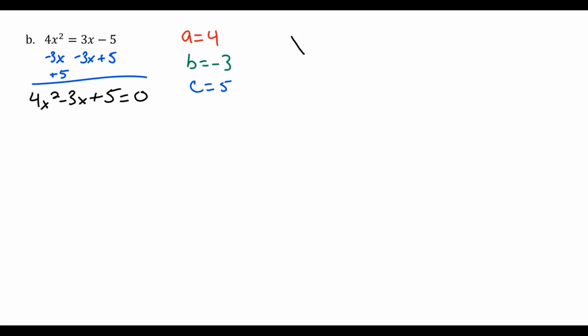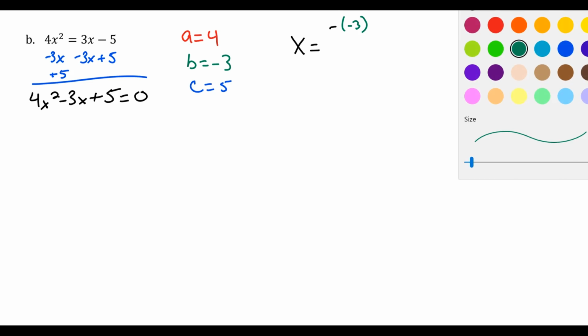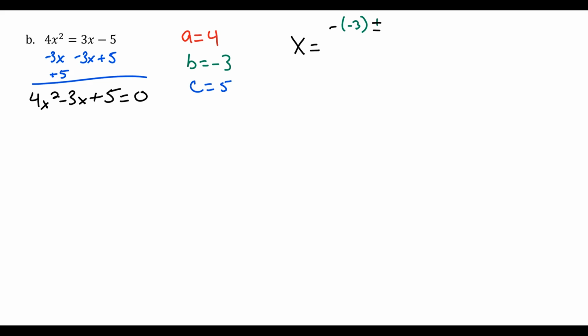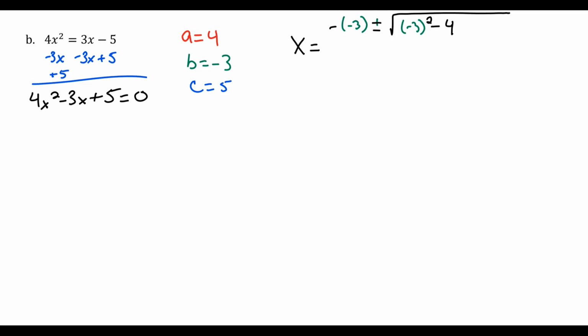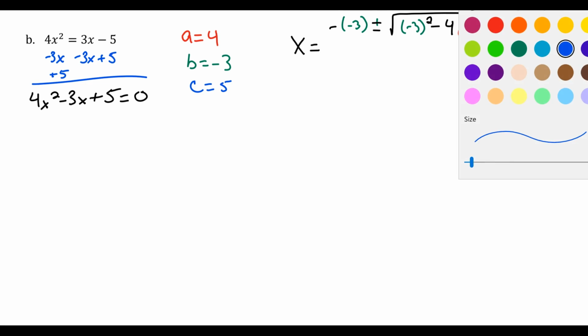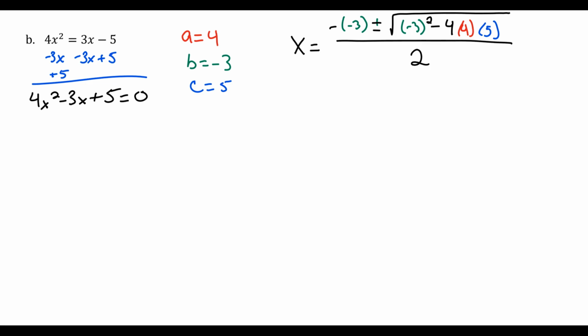So as I start this, I'm going to have x is equal to a negative, my b is a negative 3, plus or minus the square root of my b squared, so a negative 3 squared, minus 4 times my a, which is 4, times my c, which is 5, and that is all going to be over 2 times my a, which again is 4.